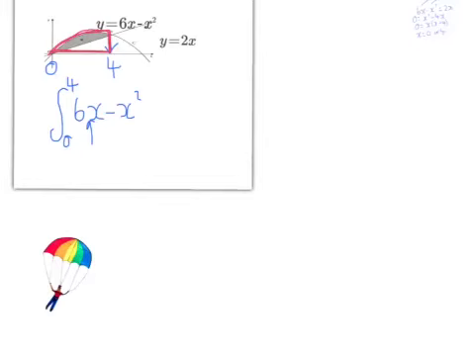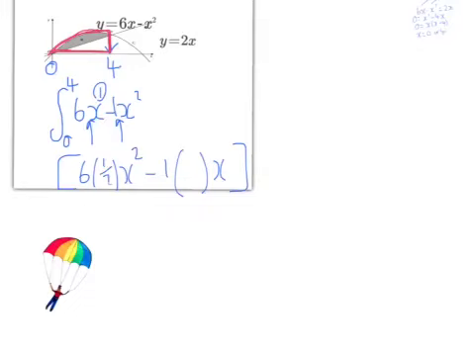So integrating 6x minus x squared, we're going to add 1 to the power here, gives us 2, and flip it. Add 1 to the power gives us 3 and flip it, and my 4 and my 0 are coming across here.